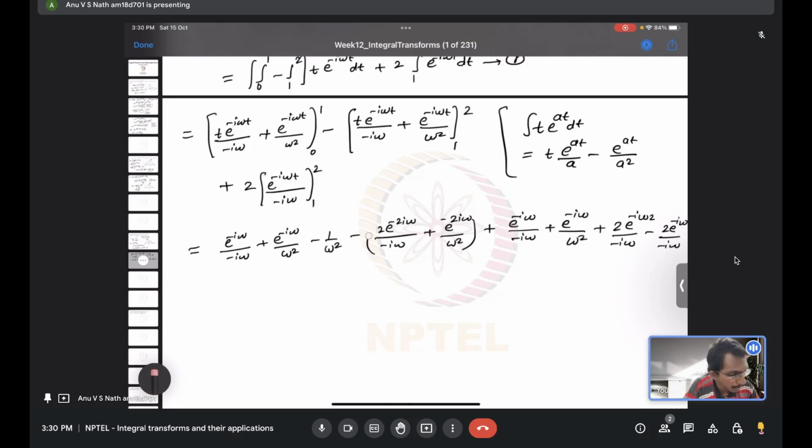Now we take this bracket open by bringing the minus inside. So now we can see this minus will get cancelled with this and this becomes plus, and this minus we can bring in front. This minus also we can bring in front of the function. Again this minus and this minus will cancel, becoming plus.